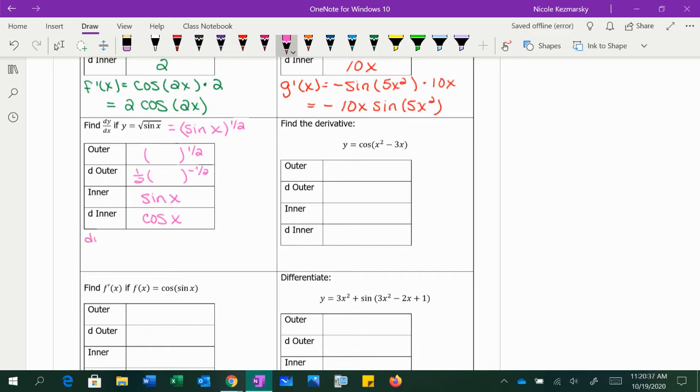So we're going to say dy dx, because that's what the instructions told us to do, find dy dx. And we're going to say 1/2 parenthesis to the negative 1/2. And we're going to say that sine of x goes in the inner, and we're going to multiply by cosine of x.